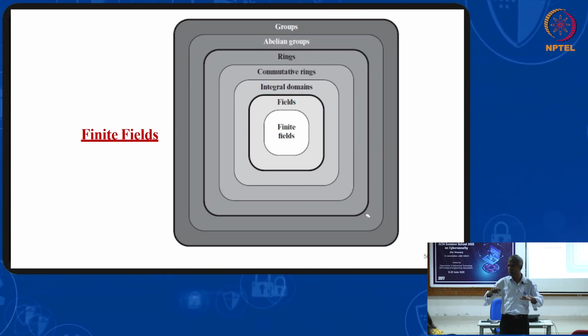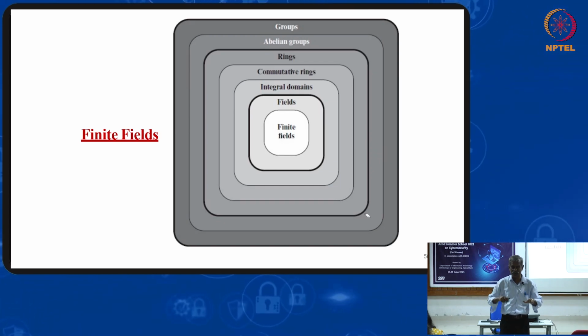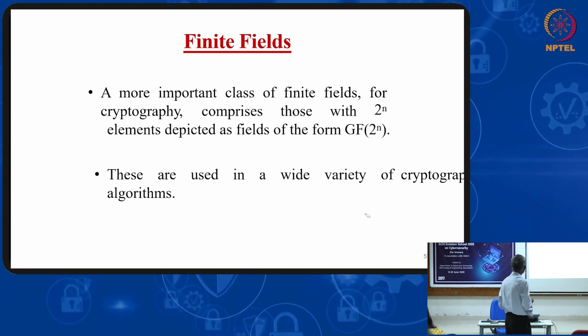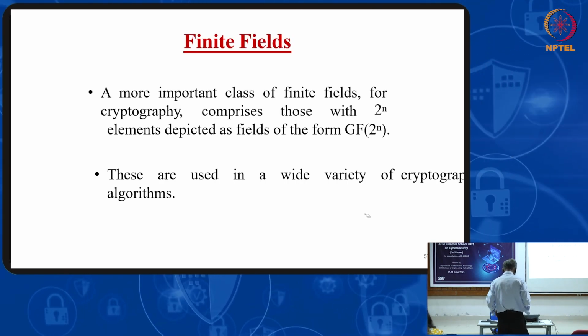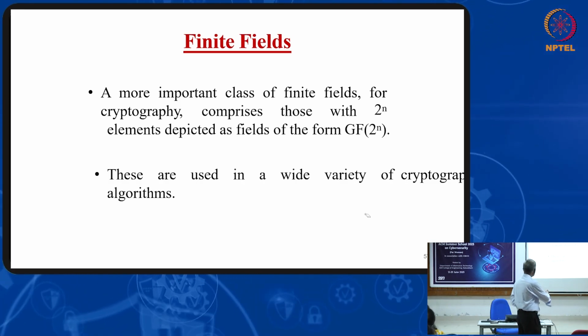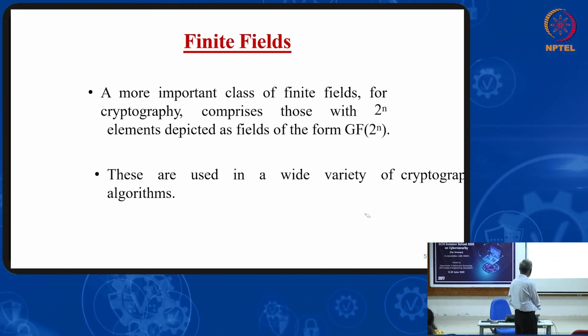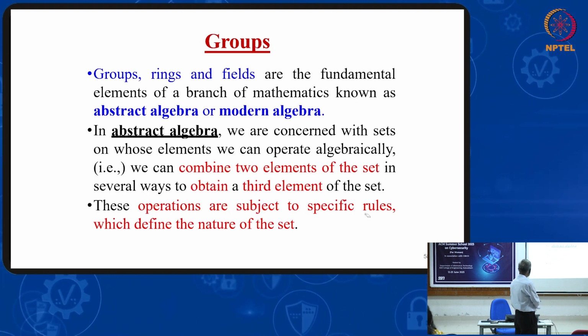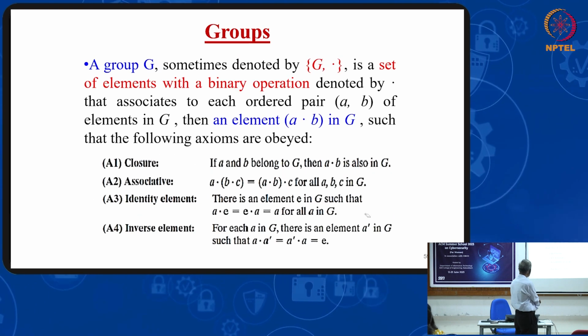So these are all the algebraic structures that we will be using in cryptography. First, the finite field, the Galois field of 2 power n, that is the most important finite field in cryptography. We start from abstract algebra.